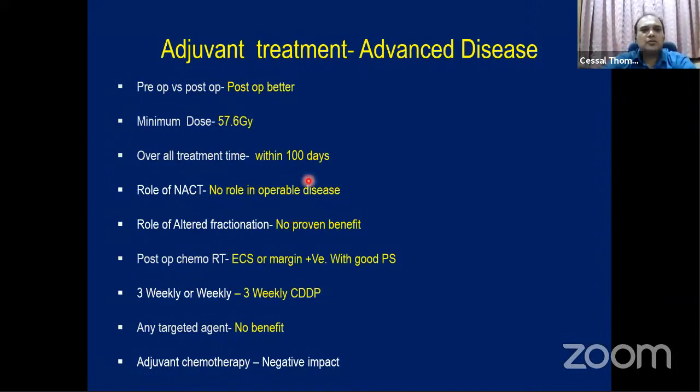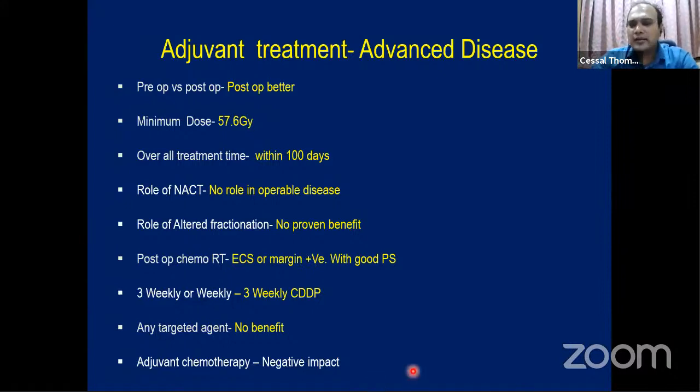So I conclude what we have discussed regarding the adjuvant treatment. Post-op is better than pre-op, minimum dose is 57.6 gray, overall treatment time should be within 100 days, no role for operable disease. I will discuss what is borderline operable disease. No proven benefit of altered fractionation. Post-op chemoradiation should be restricted to margin positive patients and patients who have extracapsular extension with very good performance status.